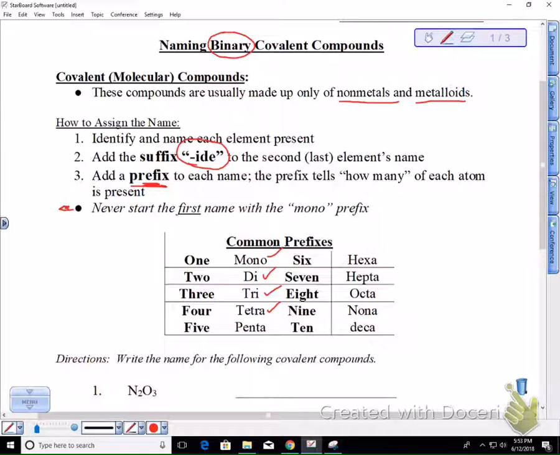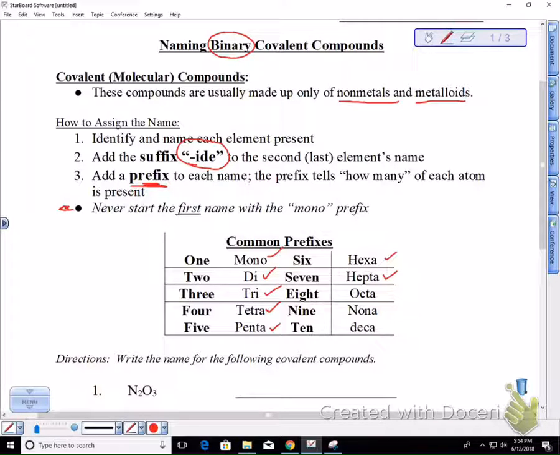You have heard of tetrahedrons in geometry, so bring that familiarity with 4 now to chemistry. So tetra is 4. Beginning at 5, we have our normal geometric prefixes. Penta is 5, hexa for 6, hepta is 7.